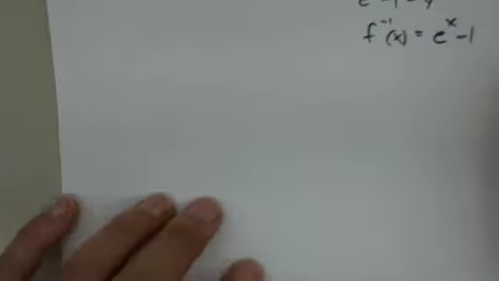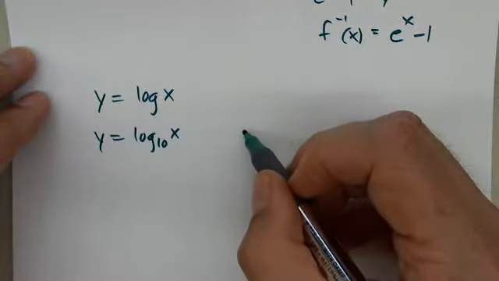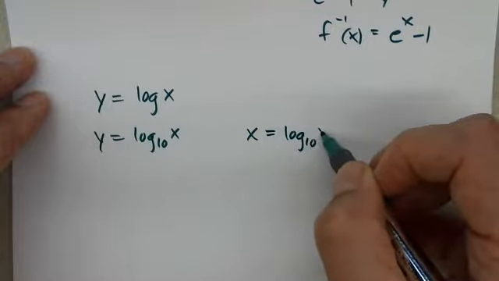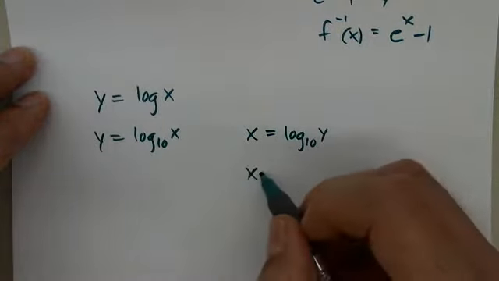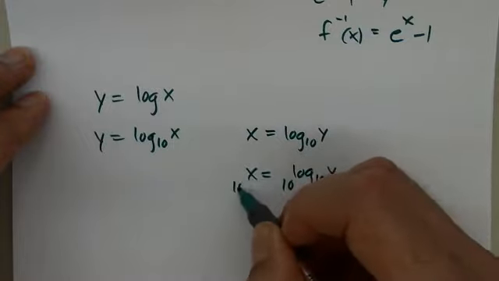And if we don't have base e, we can always do whatever base is given. So if we have y equals log of x, that means y equals log base 10, and we'll switch the x and the y and solve for y by exponentiating with the base 10.